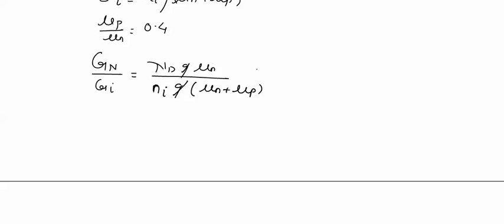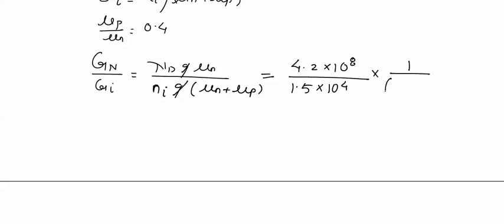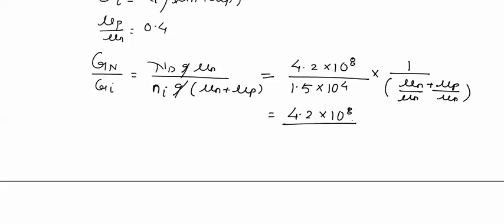Q cancels out, and value of Nd is given as 4.2 into 10 raised to power 8 divided by Ni given as 1.5 into 10 raised to power 4. Since mu n and mu p are not given, we can write this as 1 upon mu n plus mu p divided by mu n. So we can write it as 4.2 into 10 raised to power 8 divided by 1.5 into 10 raised to power 4 into 1 upon 1 plus 0.4.